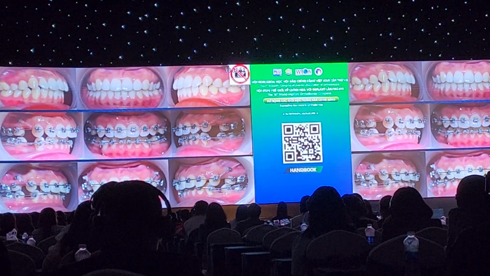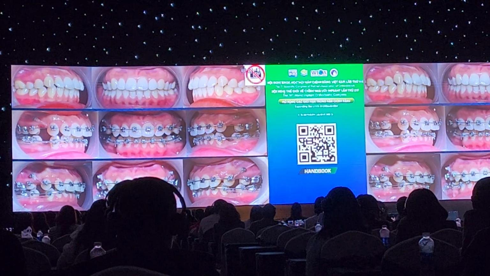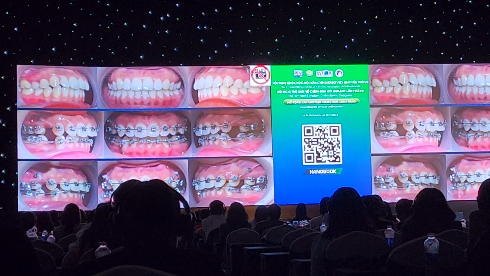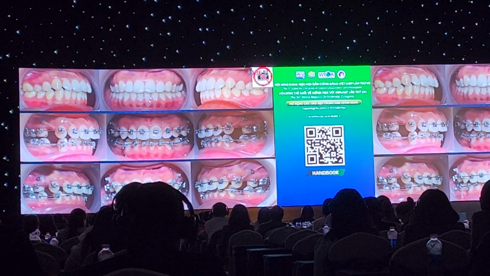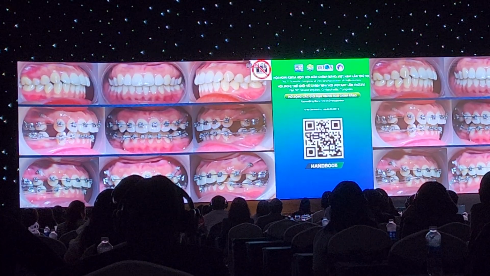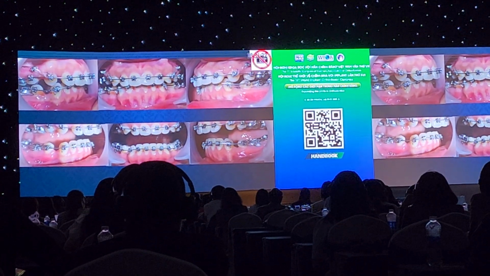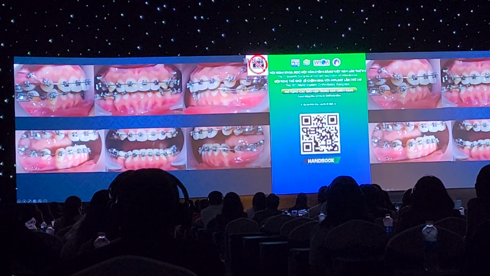We extract bicuspids, we place the mini screw, and we use class 1 elastic. And when we look at the overbite, we see it becomes deeper and deeper. And you see the curve of Spee, you look at the curve of Spee.